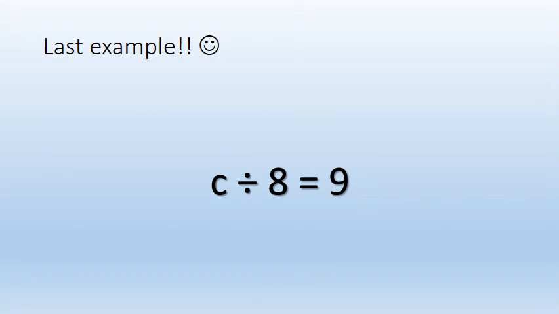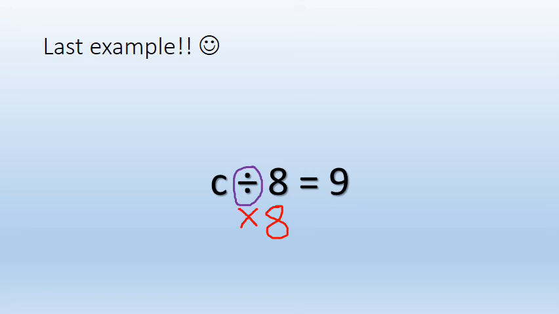Alright, last example. Now this one looks tricky at first. Some number divided by 8 equals 9. Let's see if you can remember our first step, which is to do the opposite of this. Let's see if you figured out what the opposite of that is. Times what number?